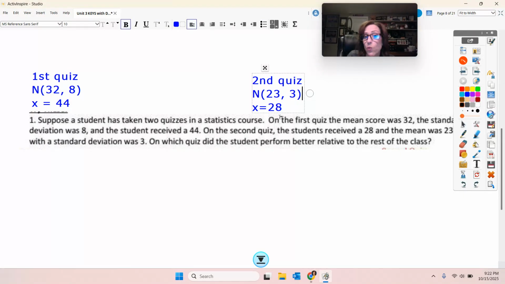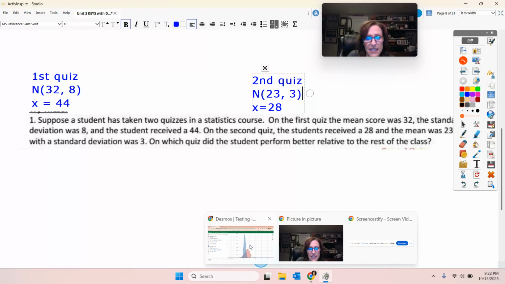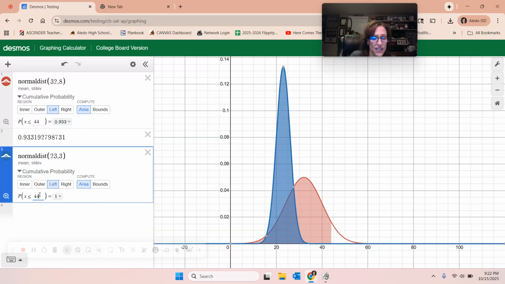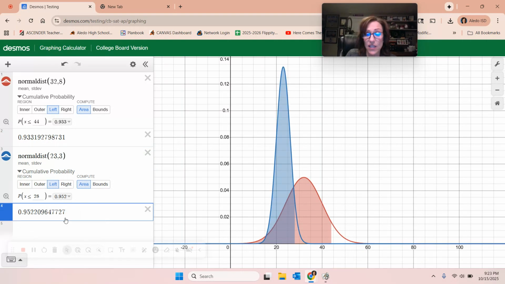The student got a 28, so let's see what percentile that is on this curve, less than or equal to 28. Oh, look at that. What you cannot tell from the pictures is which one the student did better on. But if I look at the percentages, that tells me the percentile the student is in.